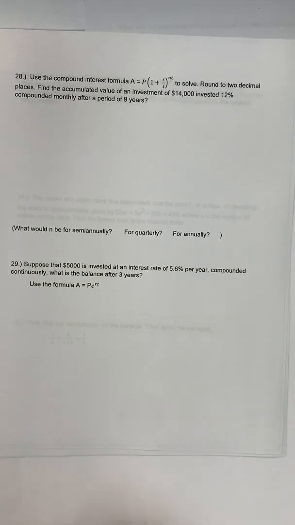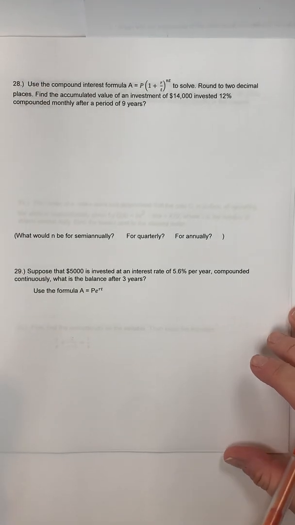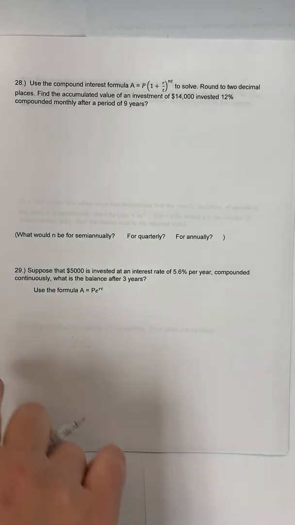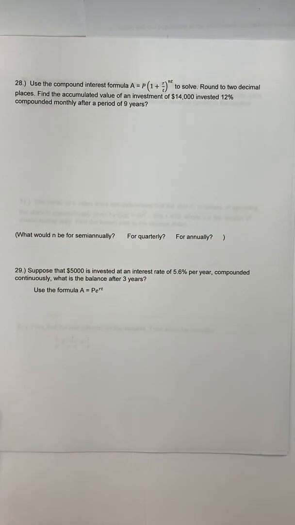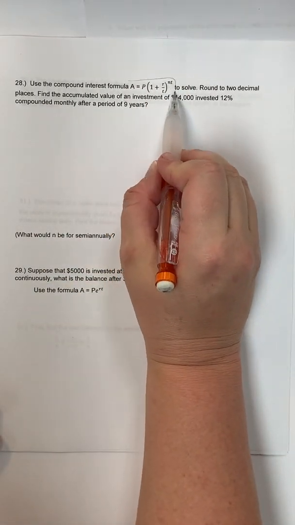Okay, now back to chapter 4 a little bit. We have these problems that involve compounding interest. Okay, so again, depending on what test you get, you could have 1, 2, 3, 4, 5. There's 5 problems represented on this page. Okay, so it's going to give you the formula.